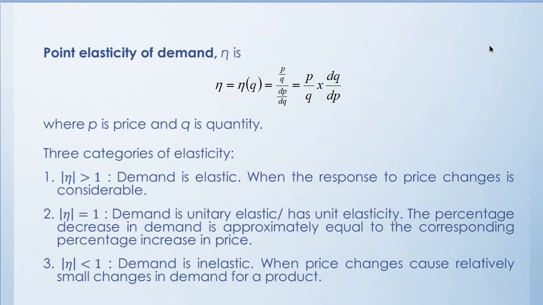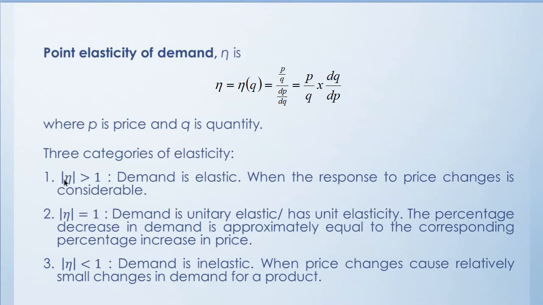So there are 3 categories of the elasticity. If we take the modulus of the point elasticity of demand and it is equal to 1, then we can say that it is a unit elasticity, where the percentage decrease in demand is approximately equal to the corresponding percentage increase in price.